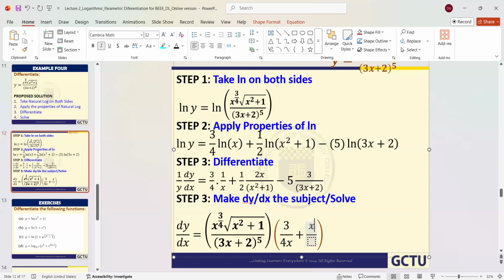So you'll be left with x divided by x squared plus 1. Then we are left with minus the term 5 times 3, 15, divided by 3x plus 2.